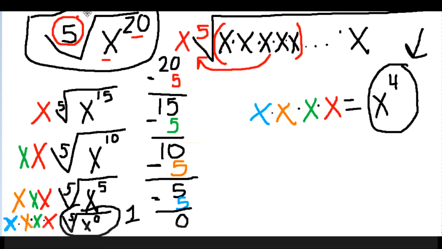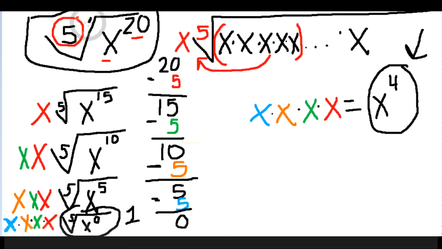Our index told us we need to pull out groups of 5 from that big amount of 20. And so we pulled out our first group of 5, then our second, then our third, and our fourth group of 5, right? We kept taking away these groups of 5.